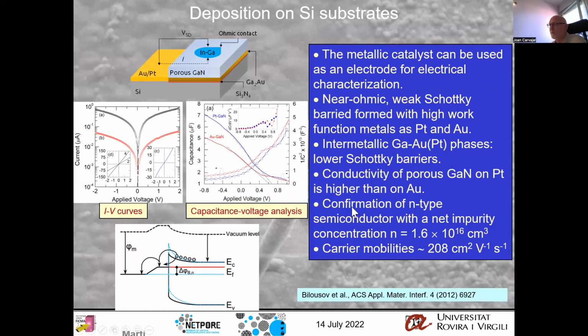And we could confirm that this gallium nitride as produced is n-type, with a net impurity concentration of the order of 1.6 × 10^16 charge carriers per cubic centimeter, with mobilities around 208 cm² V⁻¹ s⁻¹.